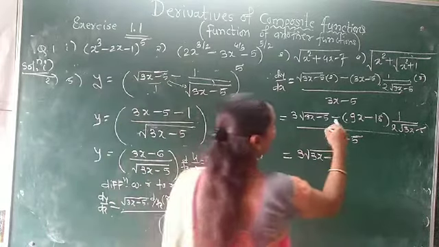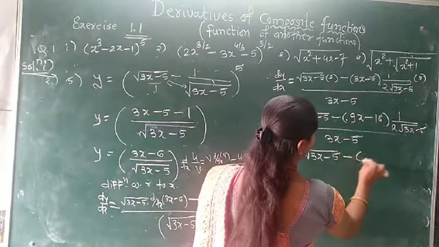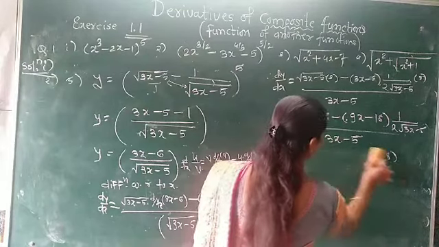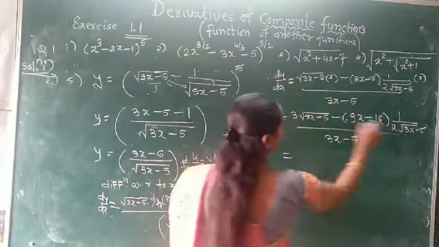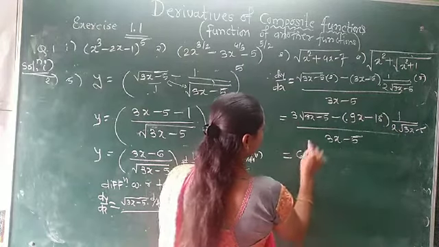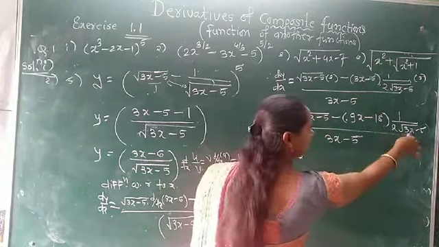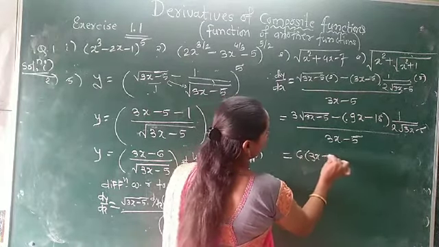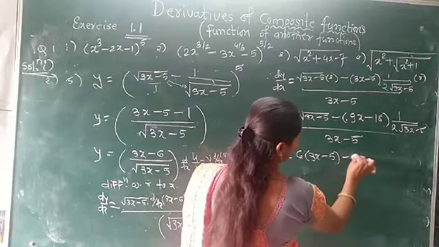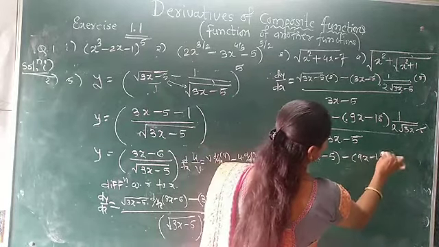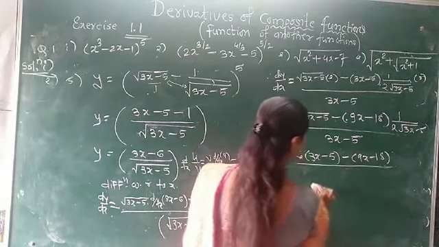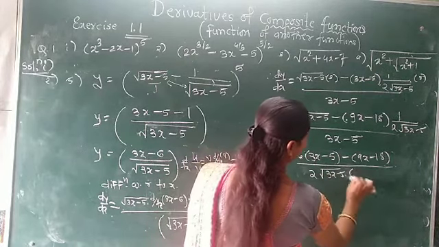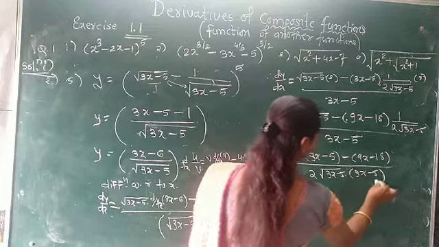Now here we get minus 9x minus 18 divided by, now here we cross multiply this term, 2 into 3, that is 6, and this root 3x minus 5 into root 3x minus 5 again becomes the square of this term. So 3x minus 5, minus 9x minus 18 divided by 2 into root 3x minus 5 into 3x minus 5.